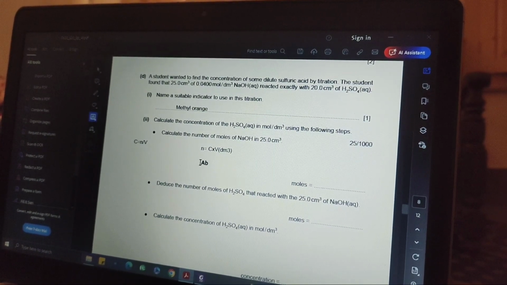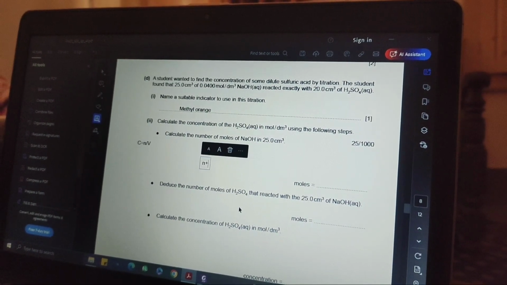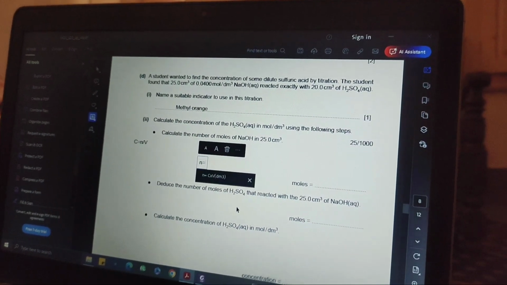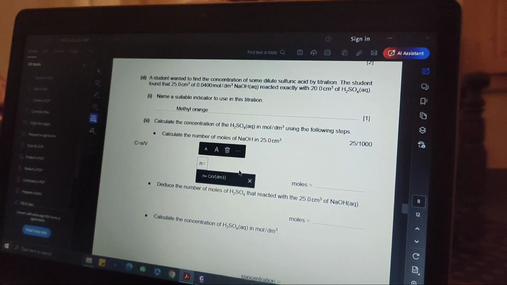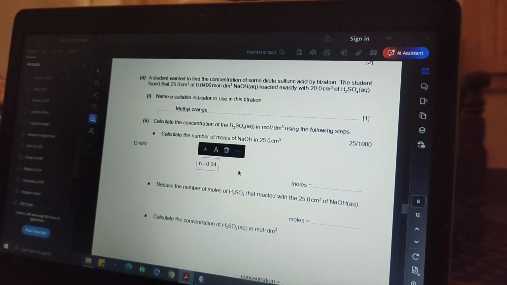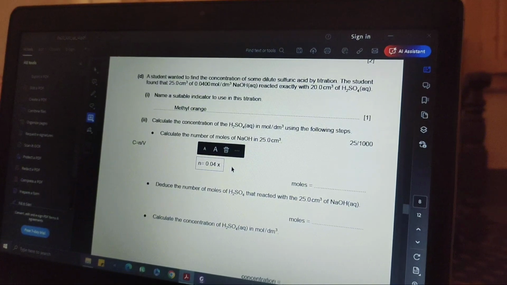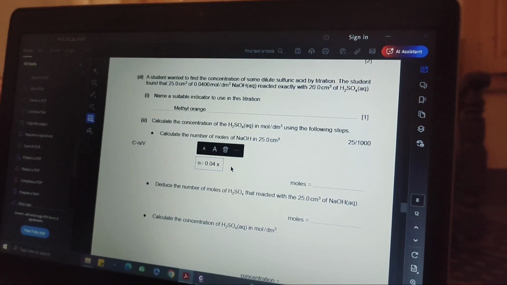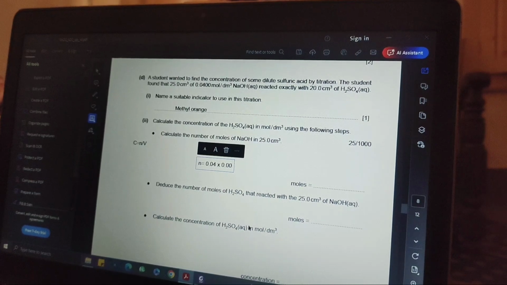So here we'll be using what? n is equal to the concentration here, already given, 0.04, and then we'll be multiplying it with 0.025.